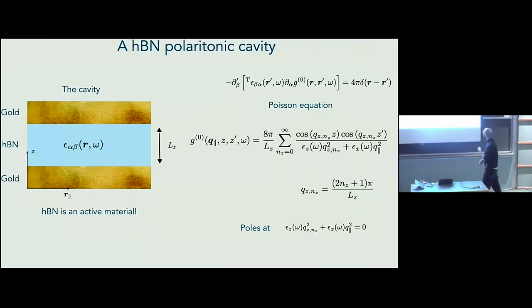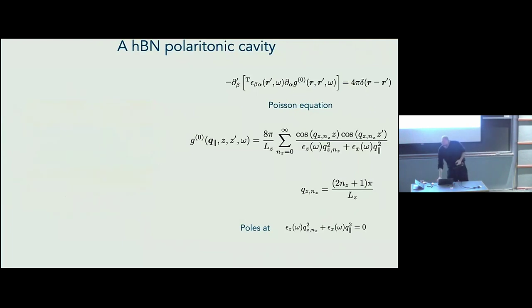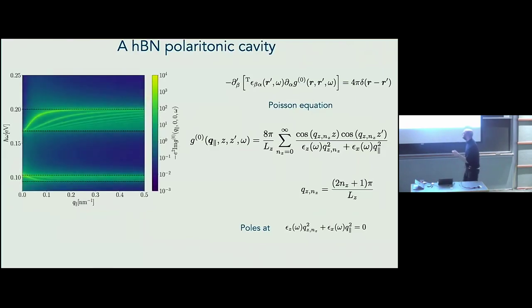And you can see that we have poles for this condition, and we can plot actually the imaginary part. So this is the structure of the poles, the frequency as a function of Q parallel, and you can see that they are appearing in these regions, and they have this dispersion.